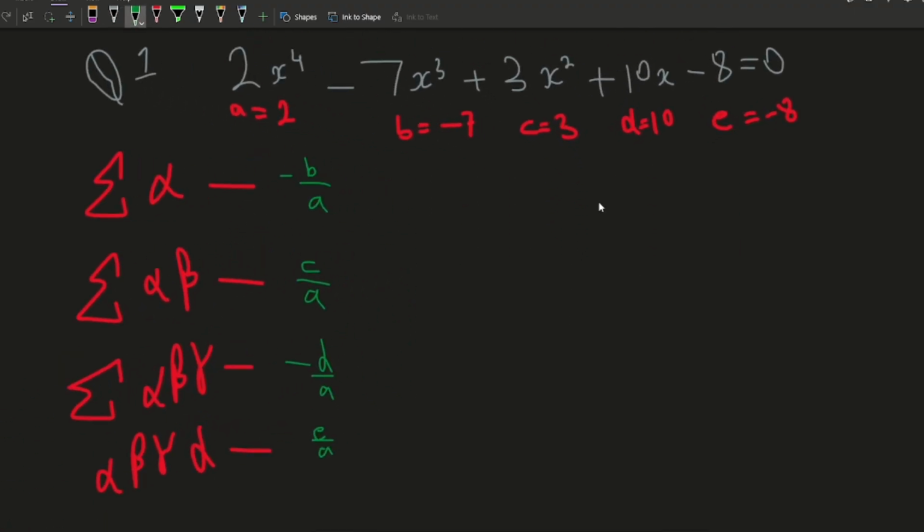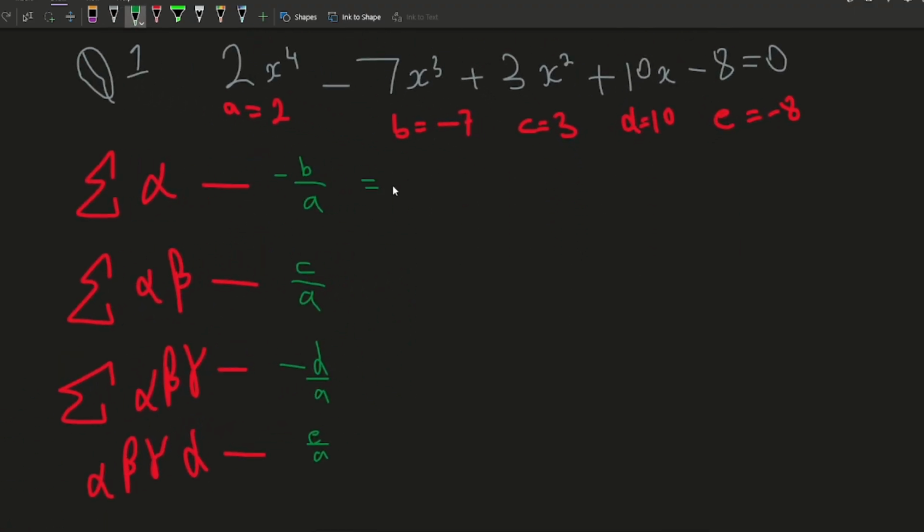So the sum of roots will be 7 over 2. Okay, input 7 instead of b, minus 7, and 2 instead of a, so 7 over 2.